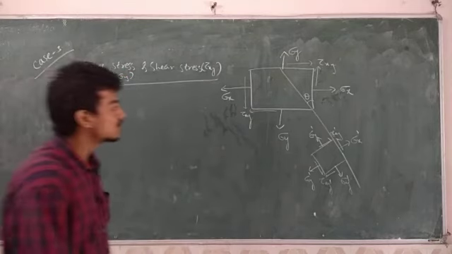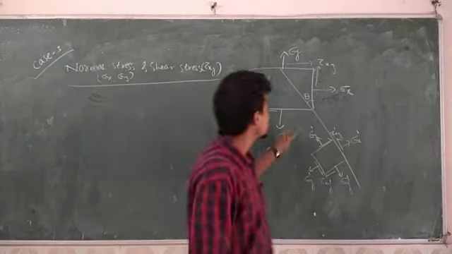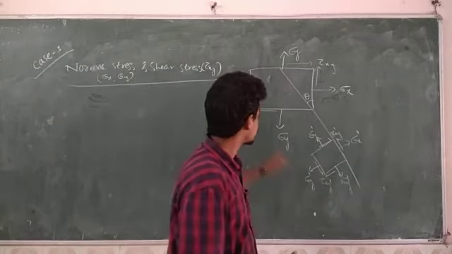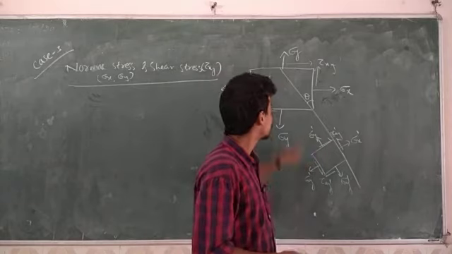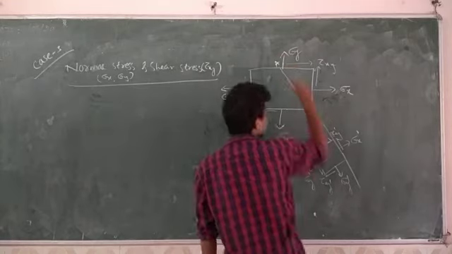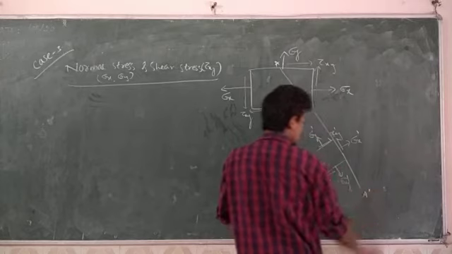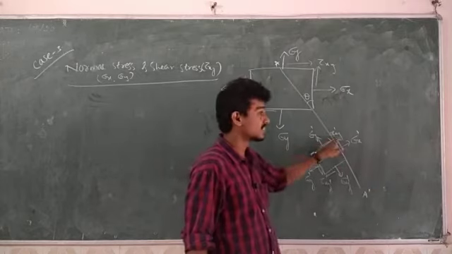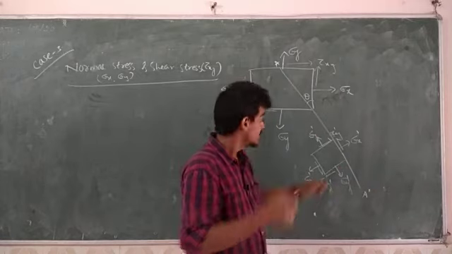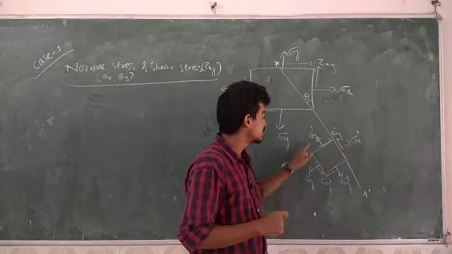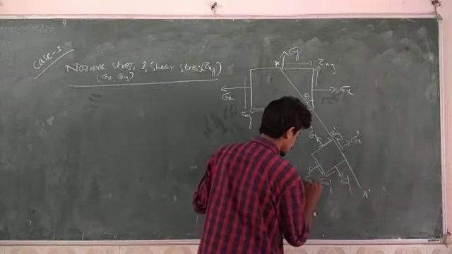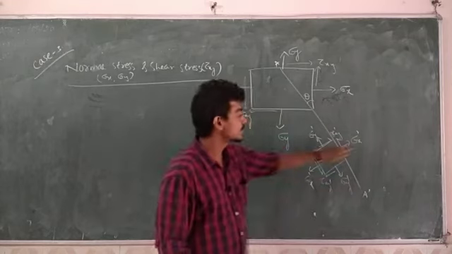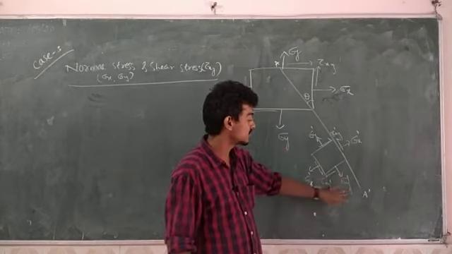In this case you have to find the normal stress on a plane, suppose a dash, and the shear stress. That is why I mentioned here sigma x dash and sigma y dash.